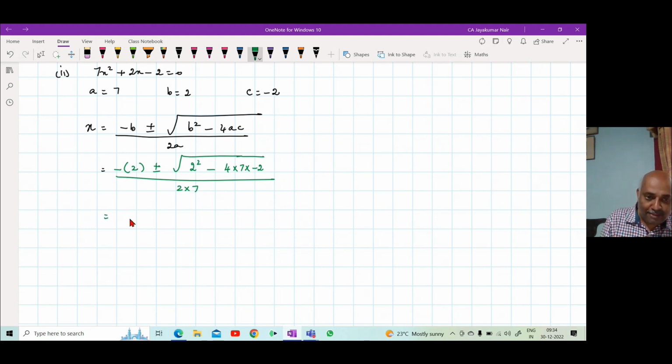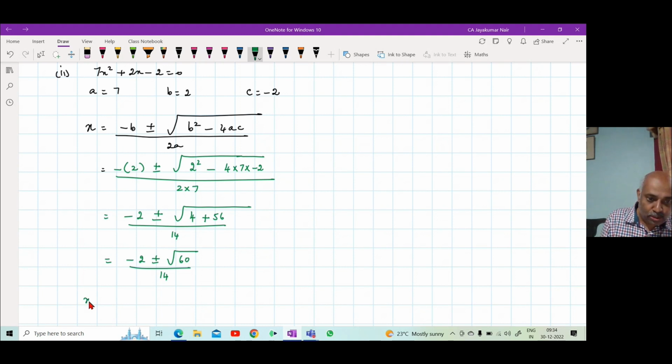So now what do we have? Minus 2 plus or minus root of 4 plus, 4 twos are 8, 8 sevens are 56, whole divided by 14. So what is this? This is equal to minus 2 plus or minus root of 60, whole divided by 14.